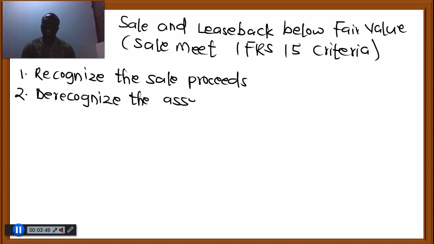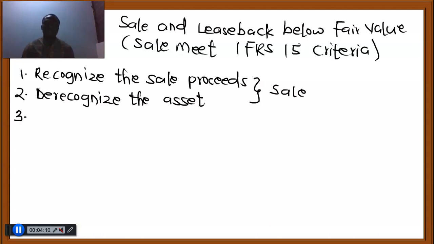When you sell an asset, the 2 entries to make are to recognize the amount of money you receive, and then derecognize the asset you sold because now you don't control it again, so you don't have to keep it in your books. So this pertains to the sale of the asset.